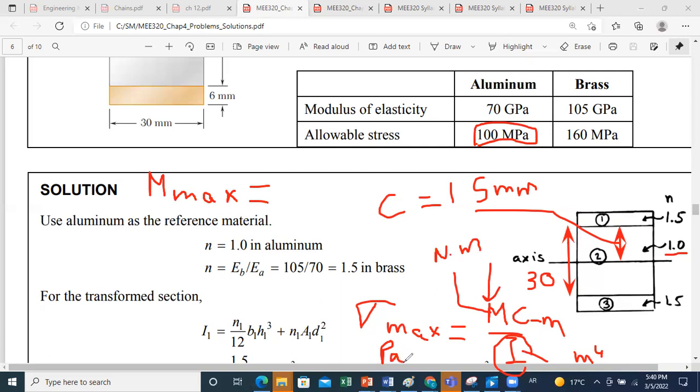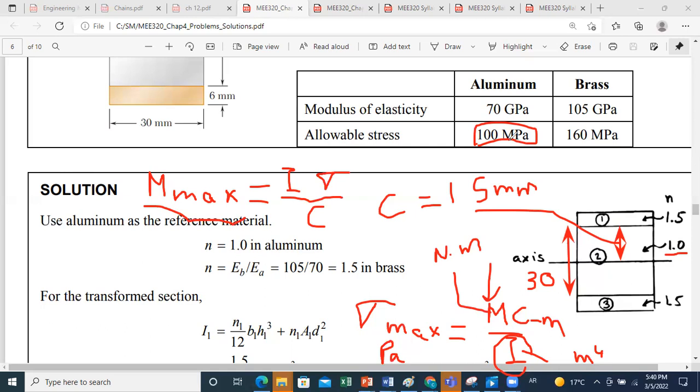So M maximum is I times sigma max over C. You just have to replace, and you get the first maximum moment value, which will not allow us to exceed the allowable stress in aluminum.